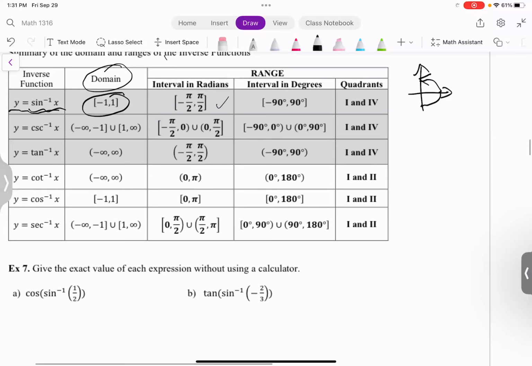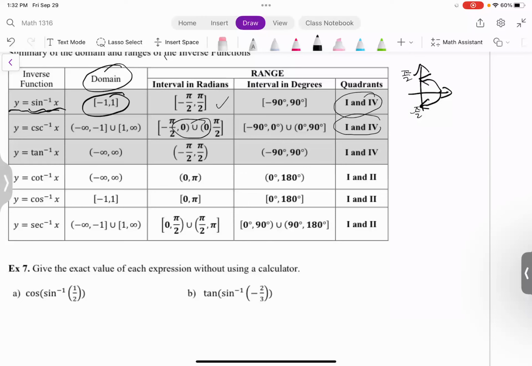It's between these two quadrants, from -pi over 2 to pi over 2. And how about cosecant? They follow the same thing, like the sine. So the angle is also between -pi over 2 and pi over 2, but 0 is not included because it can never be 0. And it is in the first and fourth quadrant.